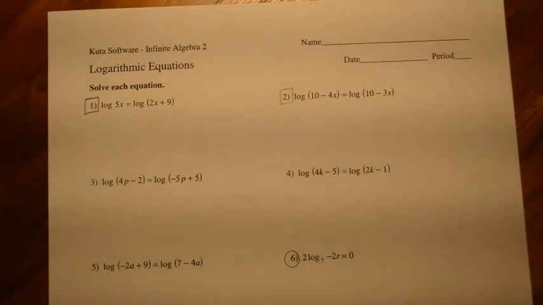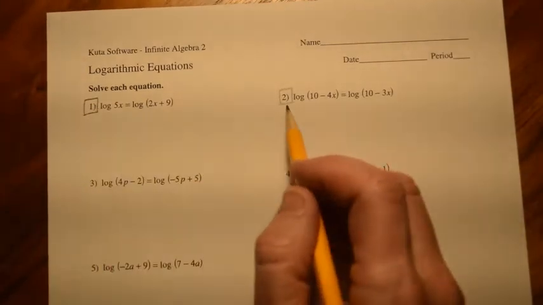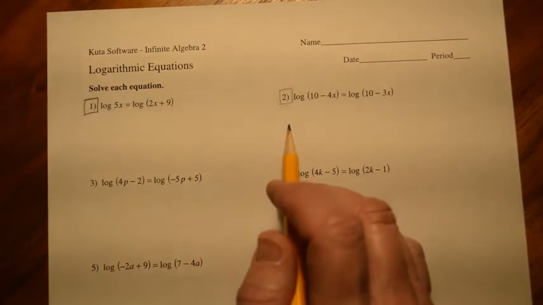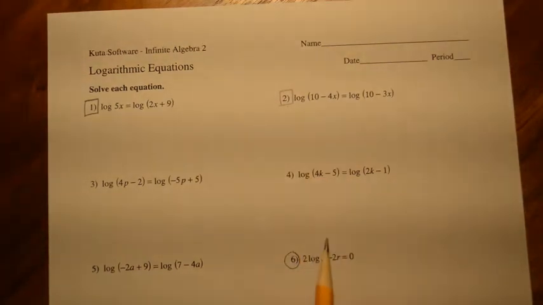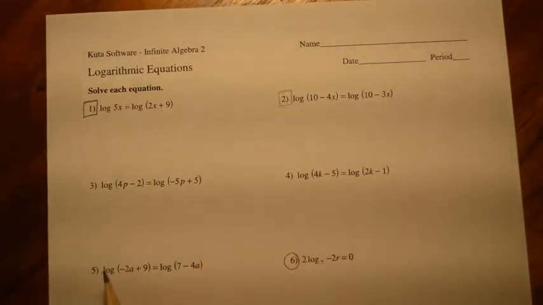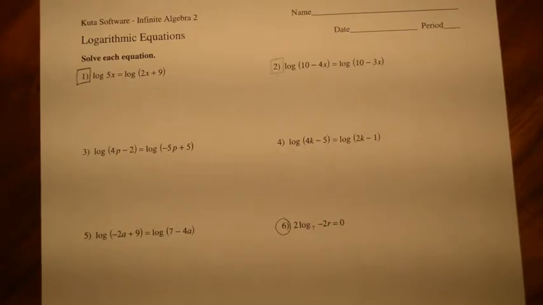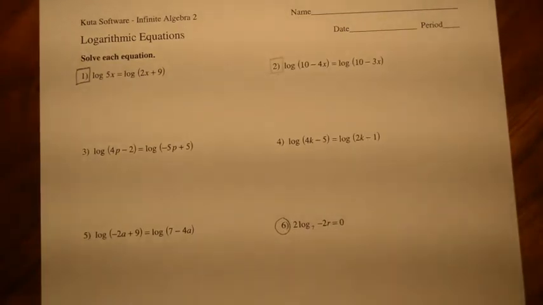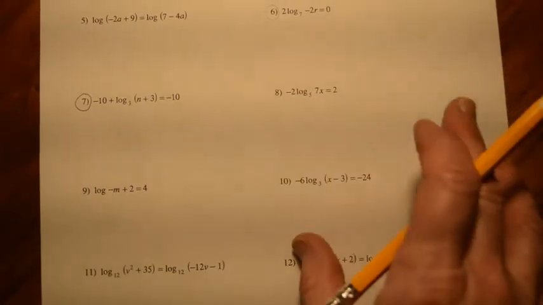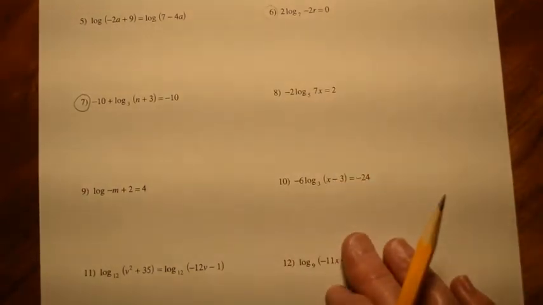I would like you to put a box around the numbers for problems 1, 2, 3, 4, 5, 11, so going down here, 11, 12, and then on the back side, 13 and 14.